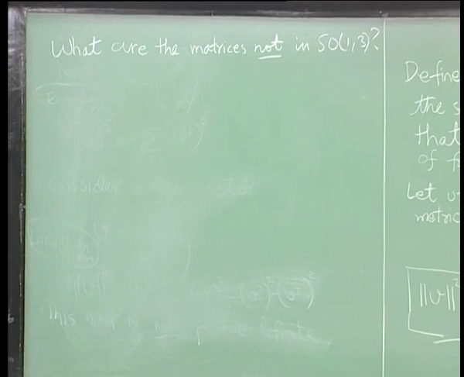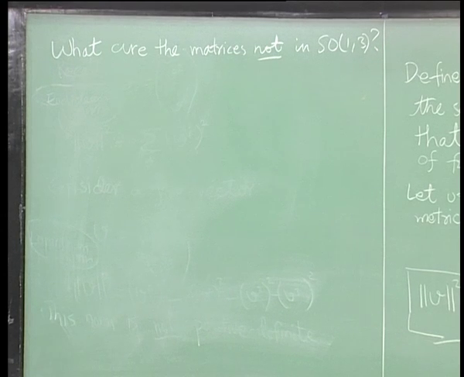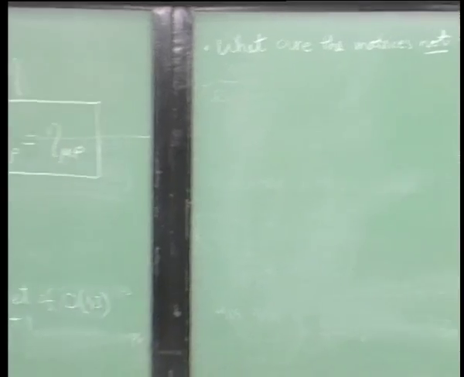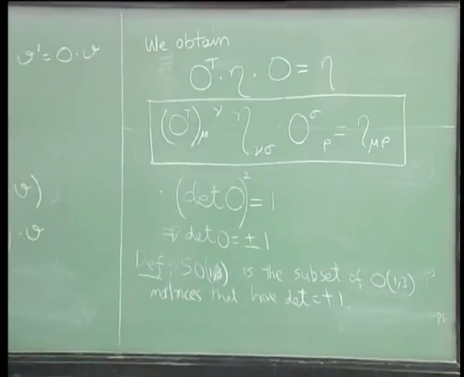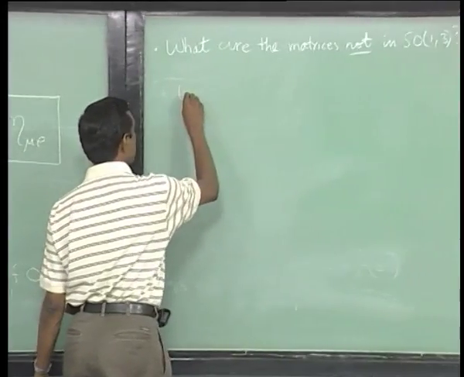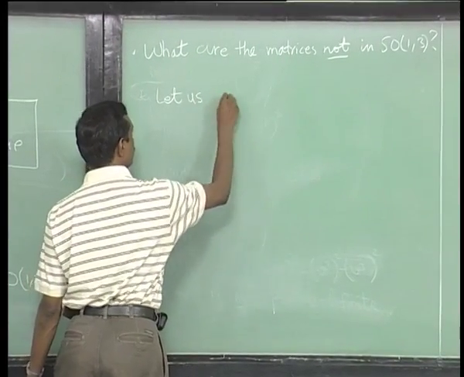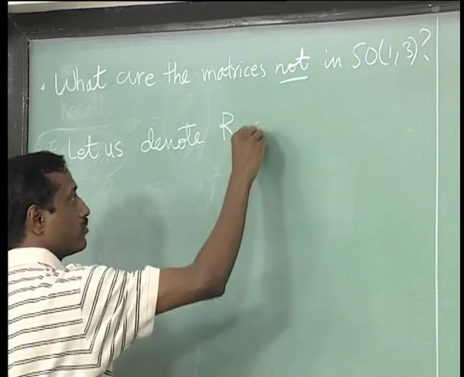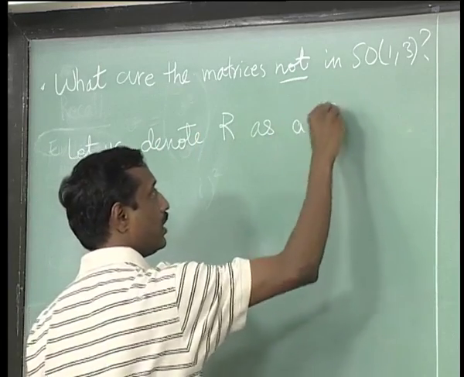Okay. Actually, before we answer this question, let us ask what are the kind of matrices which would be in SO(1,3). Okay. So, let us denote this as a SO(3) matrix.